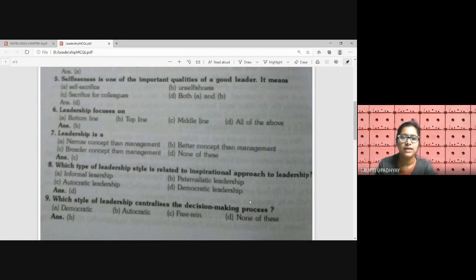But the leader's work is far ahead of a manager's. Obviously he will guide the people in which direction they have to go. So a leader is also a guide or a coach apart from being a manager. So the answer is that the leadership concept is broader than management, C.